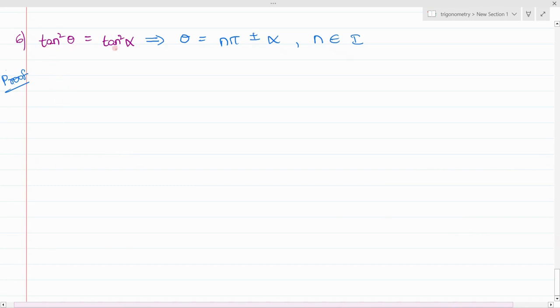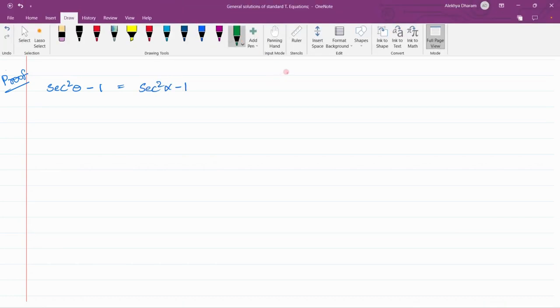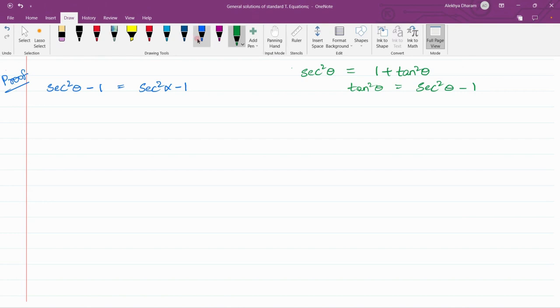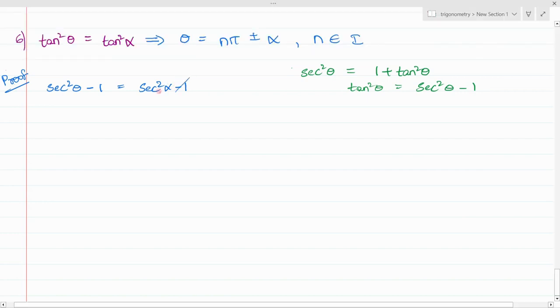Now this tan square can be written as secant square theta minus 1 and secant square alpha minus 1, because we know the identity, that is secant square theta can be written as 1 plus tan square theta. So here tan square theta can be written as secant square theta minus 1.